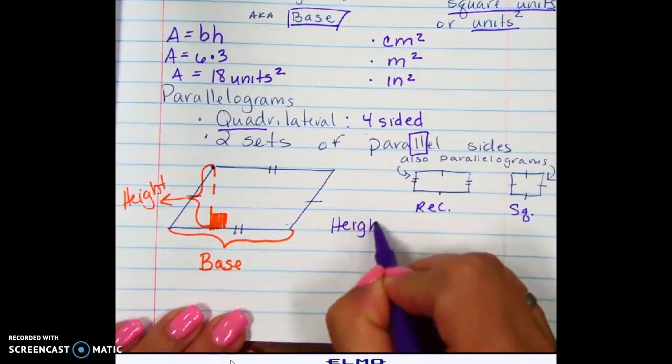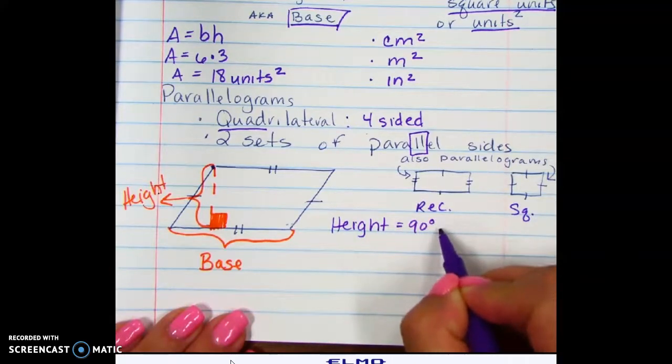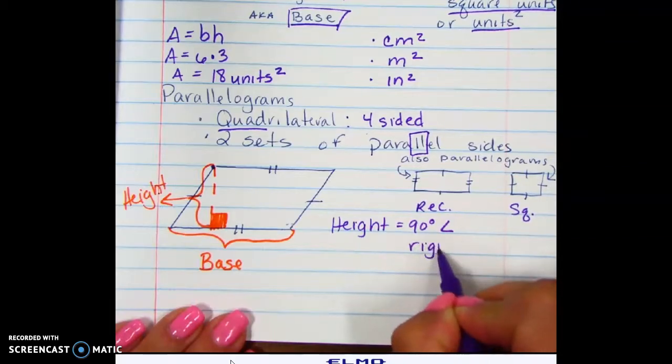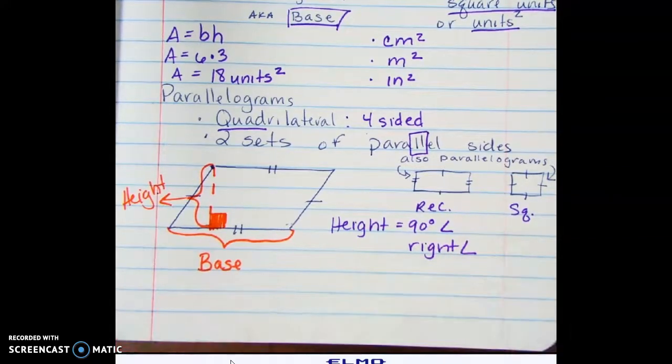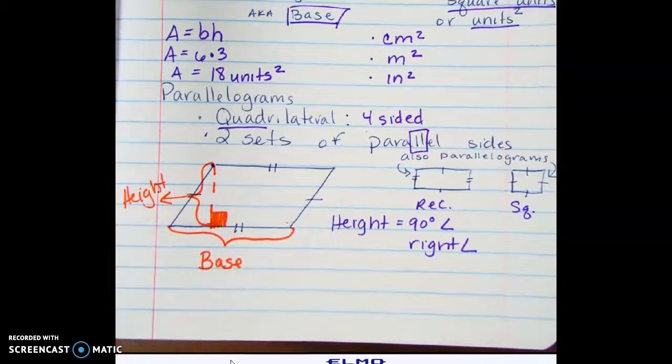Height equals a 90-degree angle, also known as a right angle. Now, we need to figure out what the area is. So this is the base, and this is the height.